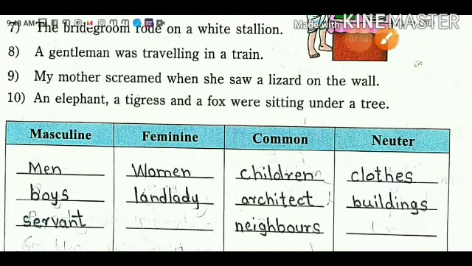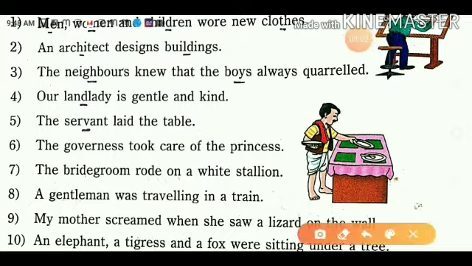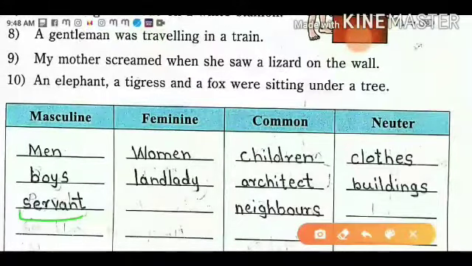Next one, fifth number: the servant laid the table. In this sentence, servant is a noun and it is a male servant, so we use servant in the masculine column like this.